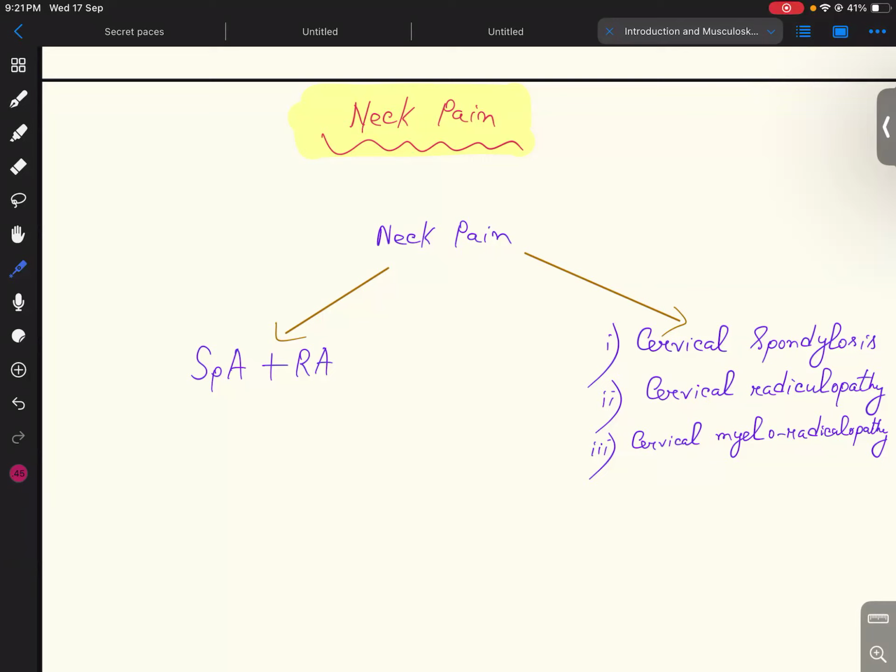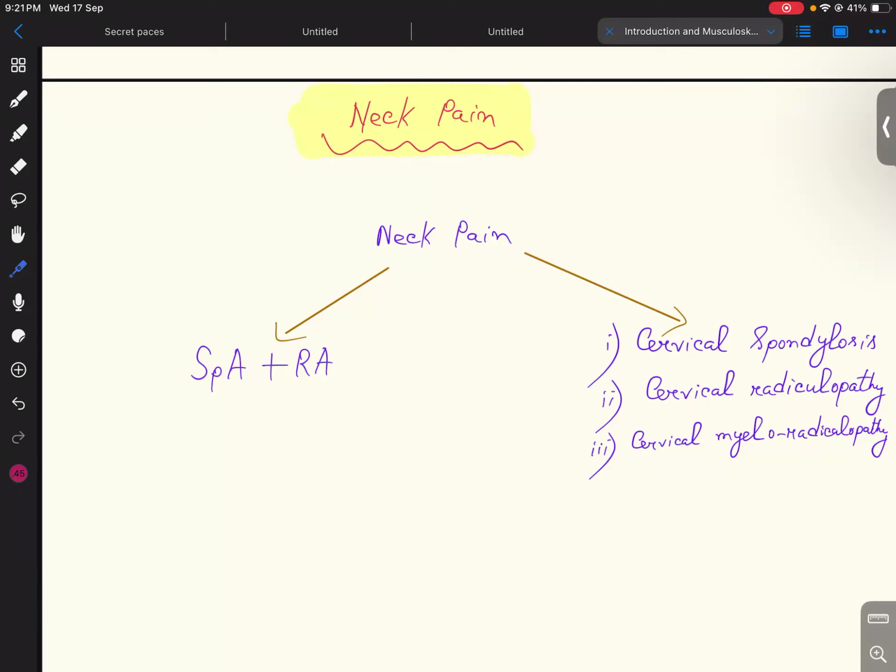The Schober test is done this way: first identify the dimples, then draw a line joining the 2 dimples, then identify the point 10 centimeters above. Then tell the patient to bend forward and see whether it increases by more than 5 centimeters or not. You have to measure it and show it to the examiner.